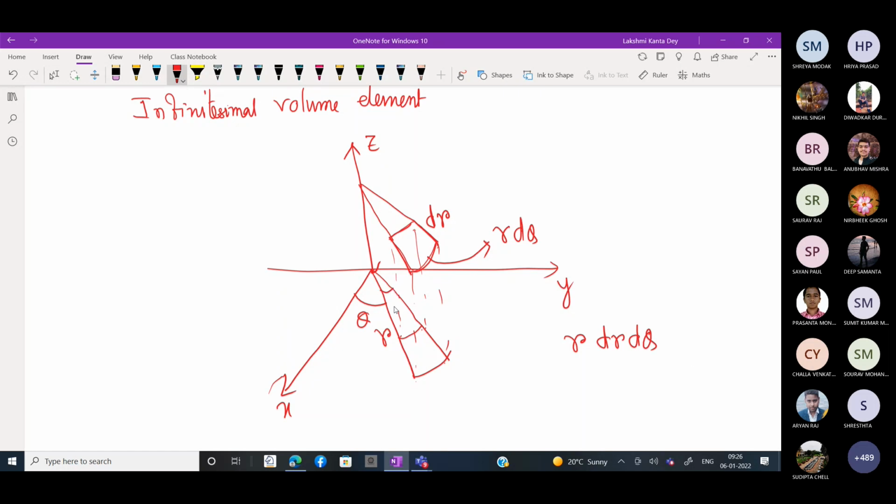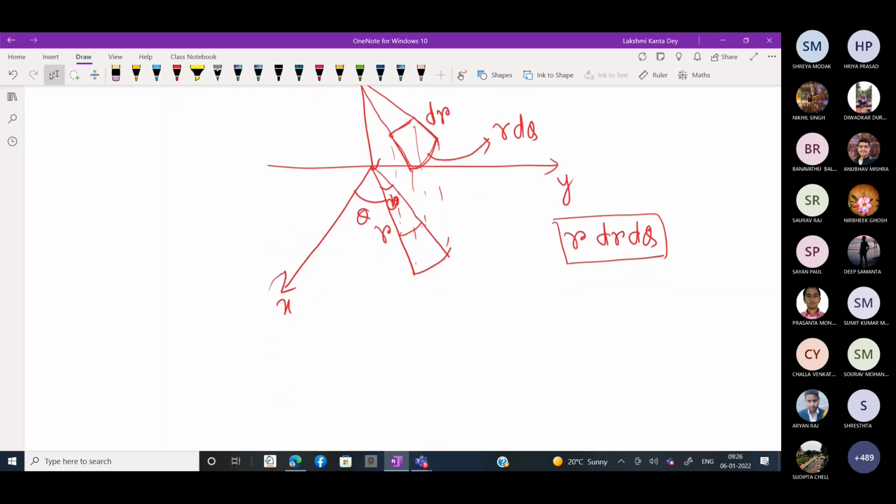So this part is d theta. So this is your infinitesimal volume element, right? Its projection on the xy plane is this.